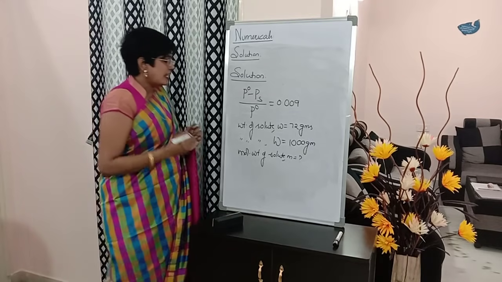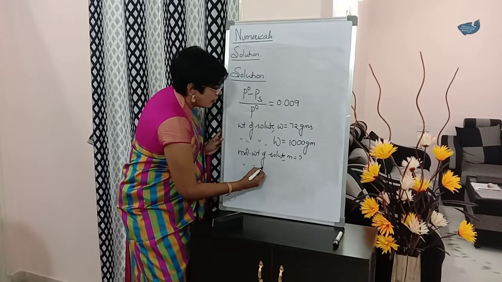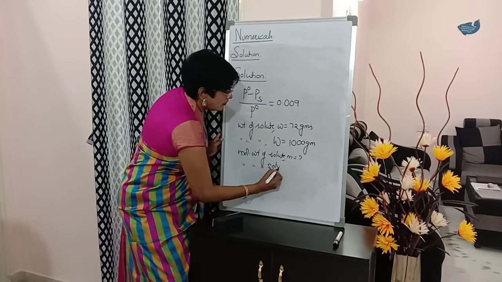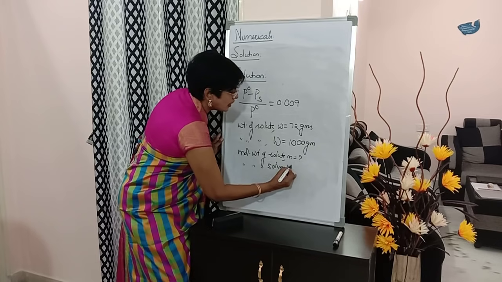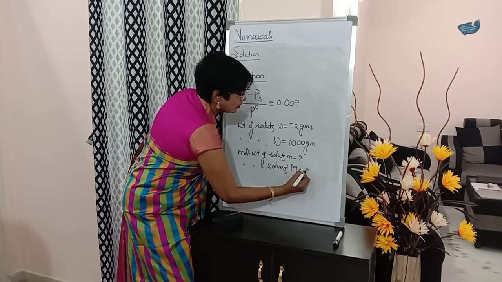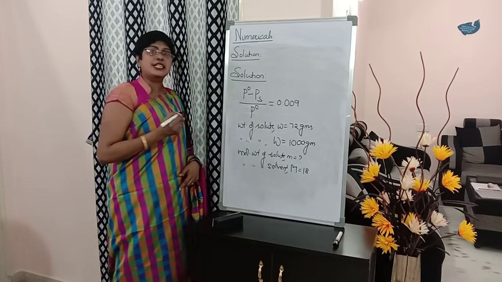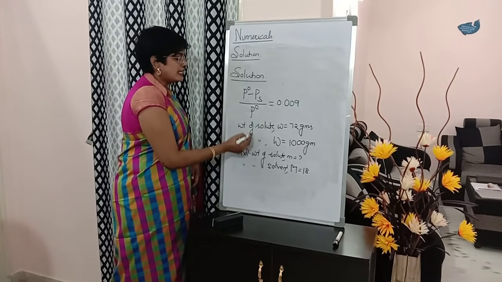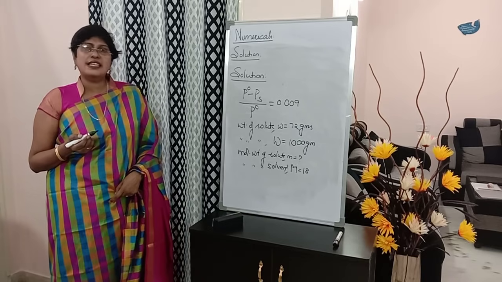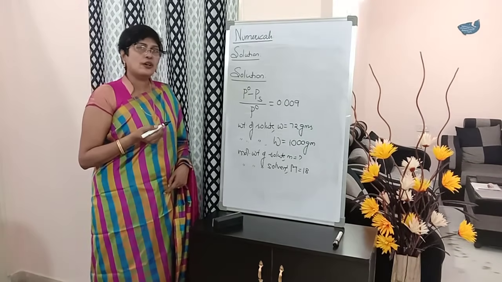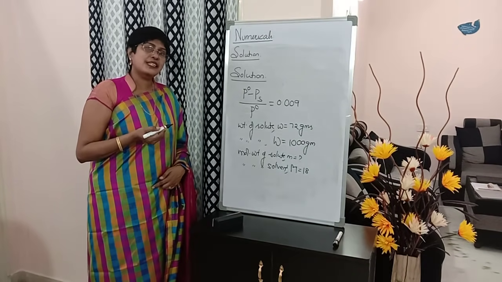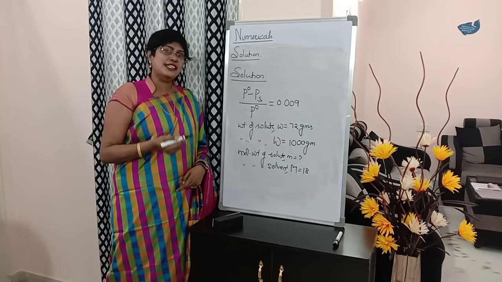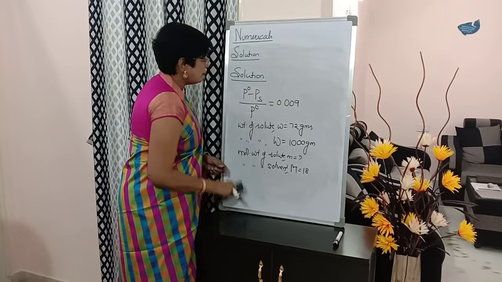So, next, molecular weight of solvent. What is solvent, students? Water. Capital M. You all know its value is 18. Now, using all these values, we can easily calculate the molecular weight of the solute. So, for this, what do we need, students? We need the formula. So, write down the formula.